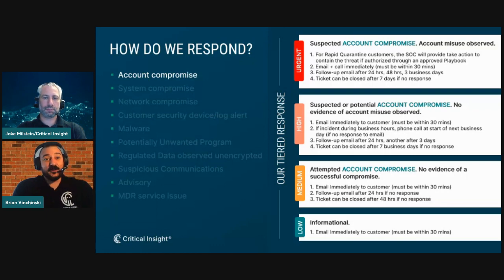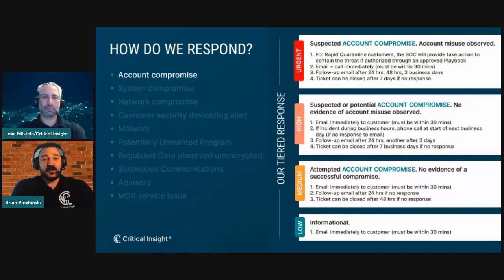That's going to be a high or an urgent, depending on how we customize our response method with our customers and partners. What that's going to look like is not only an email from the SOC, but also they're going to get on the phone and we're going to go through our call tree. If rapid quarantine is part of the playbook here, we're going to rapidly quarantine that asset or that particular user account as part of this response process as well.